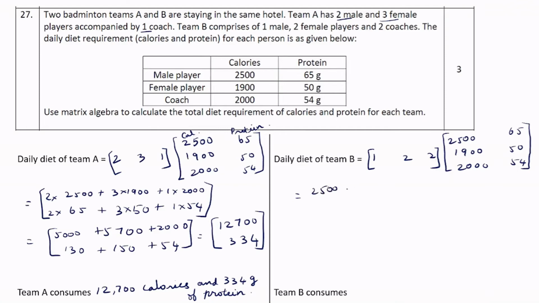So this is 1 into 2500, 2500, plus 2 into 1900, 3800, plus 2 into 2000, 4000. Here 1 into 65, 65, plus 2 into 50, 100, plus 2 into 54, 108.